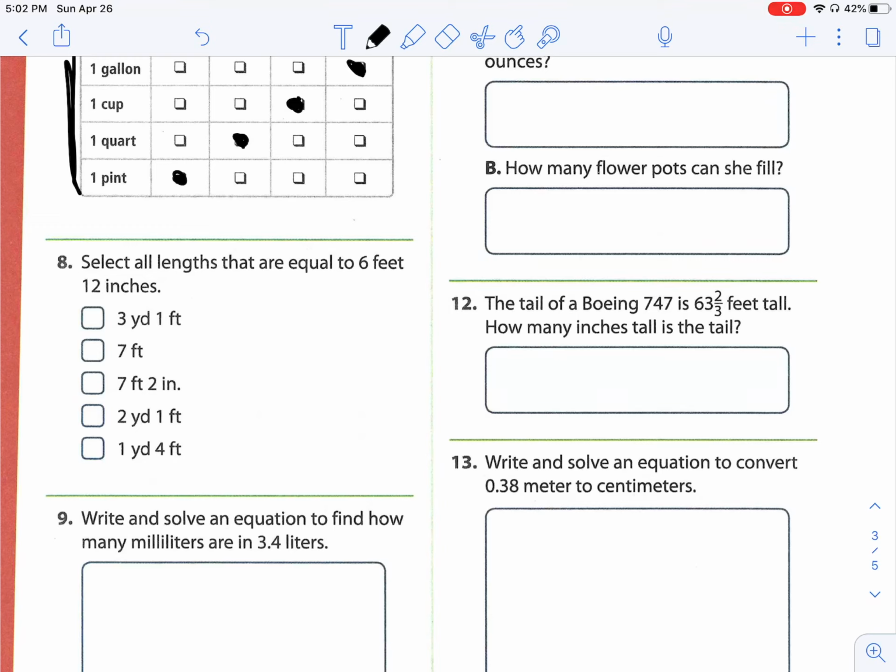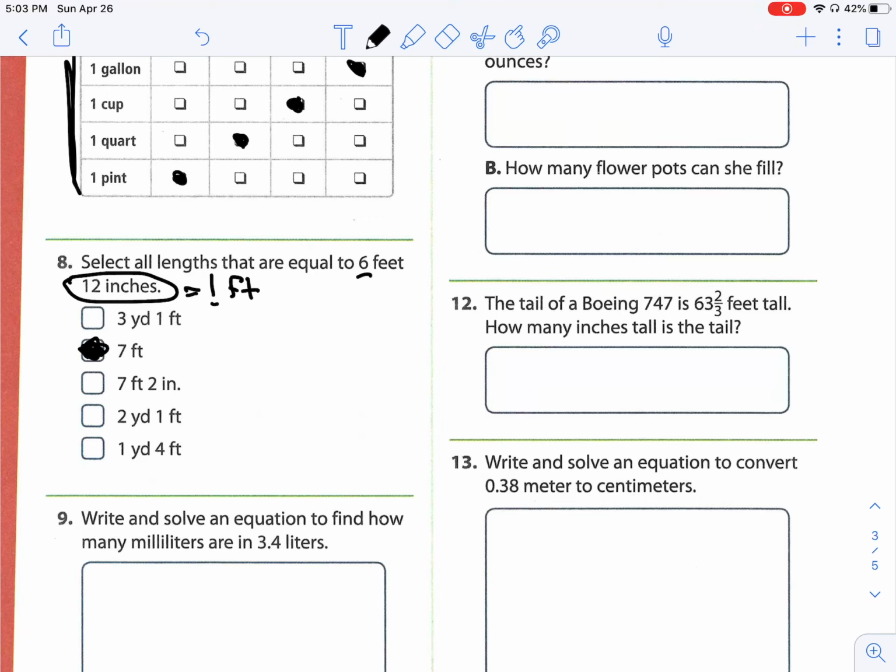In the next one, it says select all lengths that are equal to 6 feet 12 inches. Well, I hope you know that 12 inches equals 1 foot. So I can see right now 7 feet is going to be correct here because 6 plus 1 is 7. Let's see here. 3 yards and 1 foot.